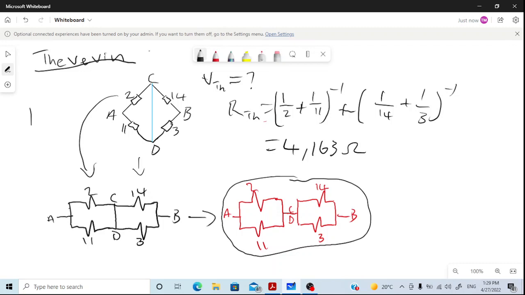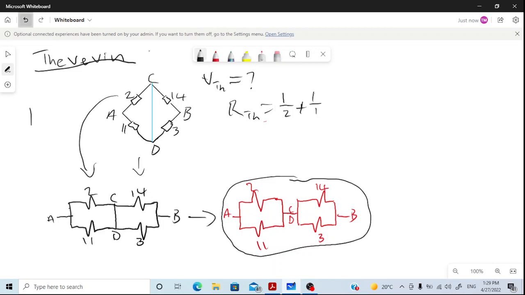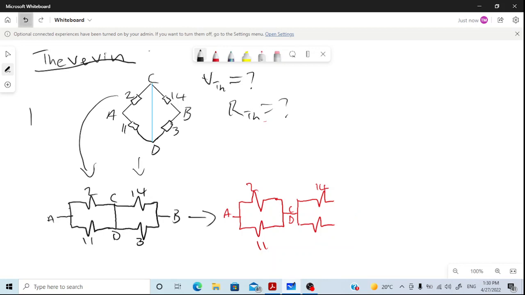Now since we have our RTH, we can look for our Thevenin voltage. So how are we going to look for it? I am going to go back to the initial circuit that we had when we started this video. I'm sorry, it's going to take a while to get there.